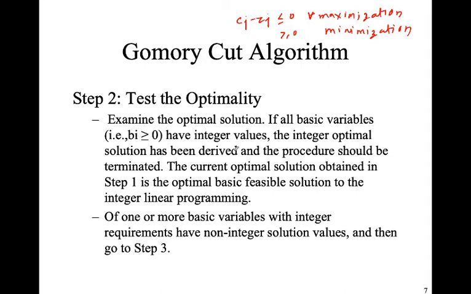We have found the optimal solution. If not, if there are some decision variables that are not getting integer values, then we have to go to step number 3.